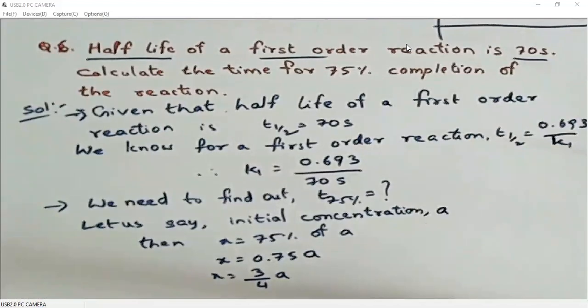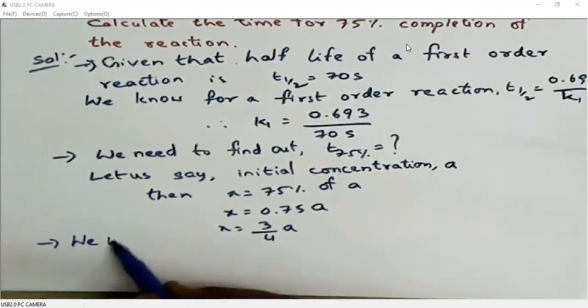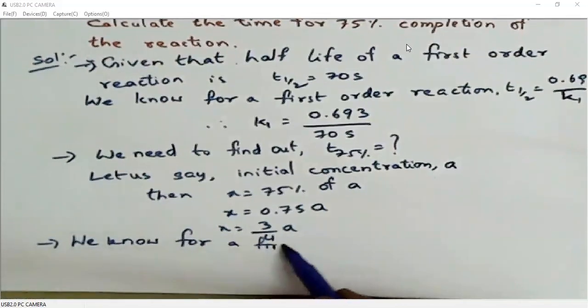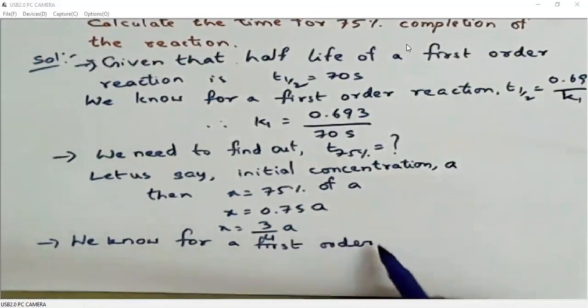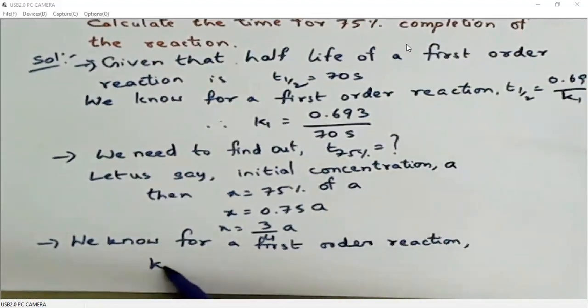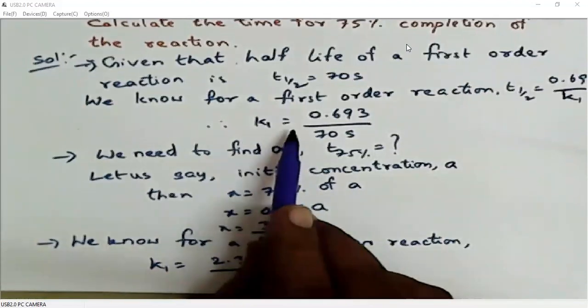Now we will take the integrated rate expression: K1 is equal to 2.303 by T into logarithm of A by A minus X, and we will substitute the X value. T we need to calculate. K1 we have already derived here.